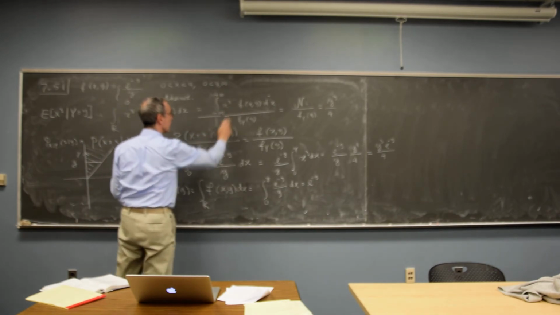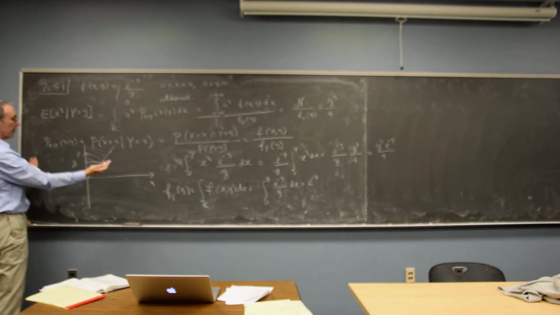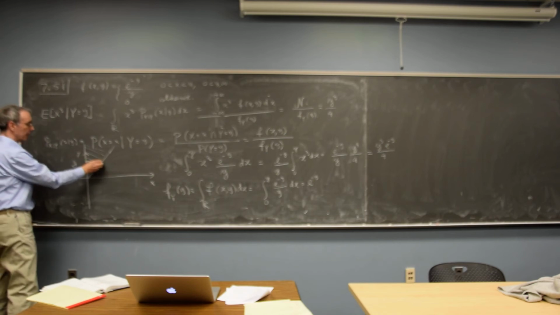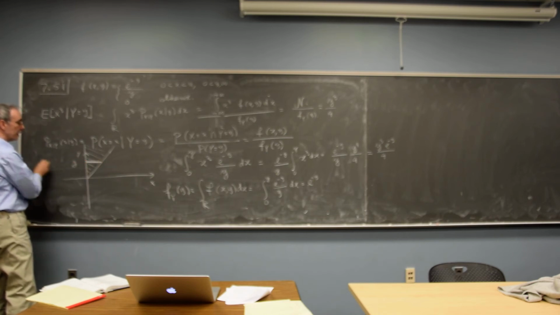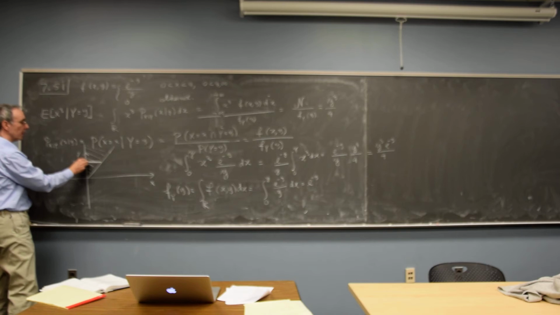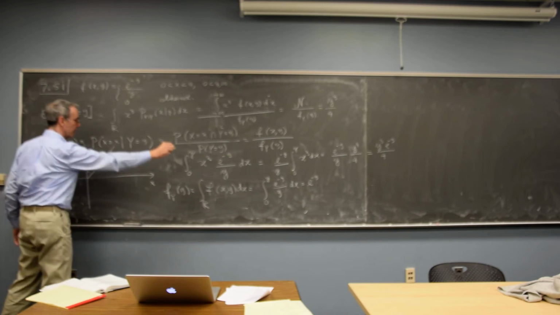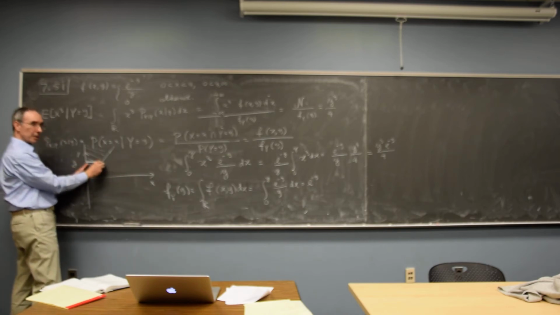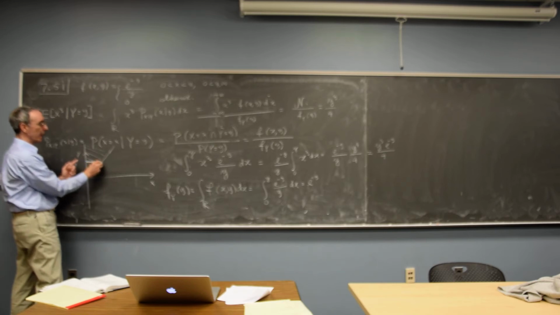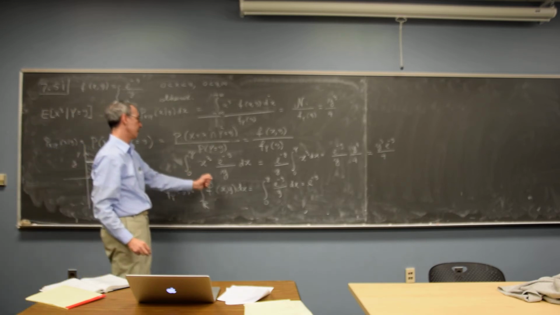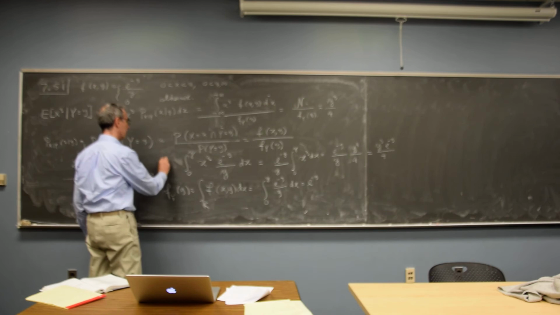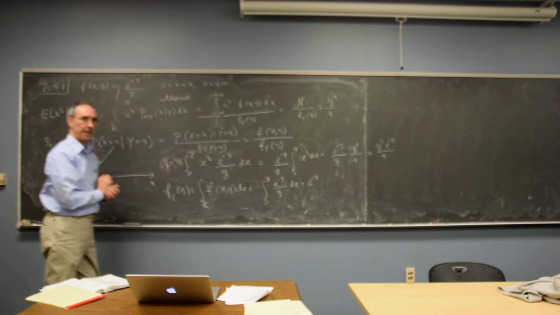When you plug in the expression of f, f is 0 everywhere except on this line. So the integral from minus infinity to here is 0, and the integral from here to plus infinity is 0. The only part that matters is the integral from 0 to y, and that's this quantity. Okay?